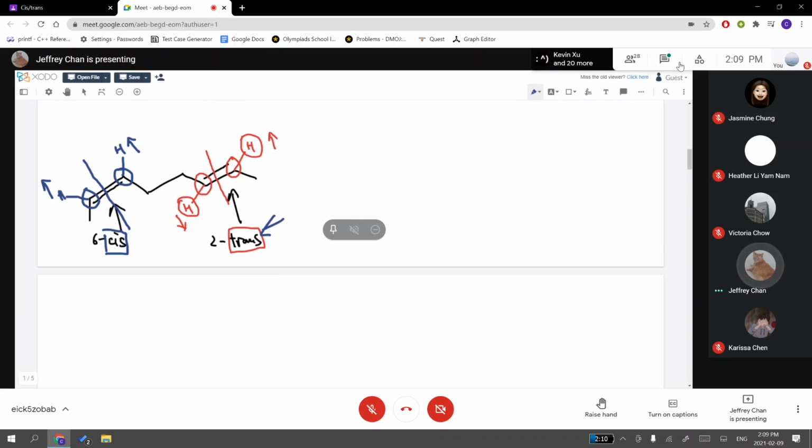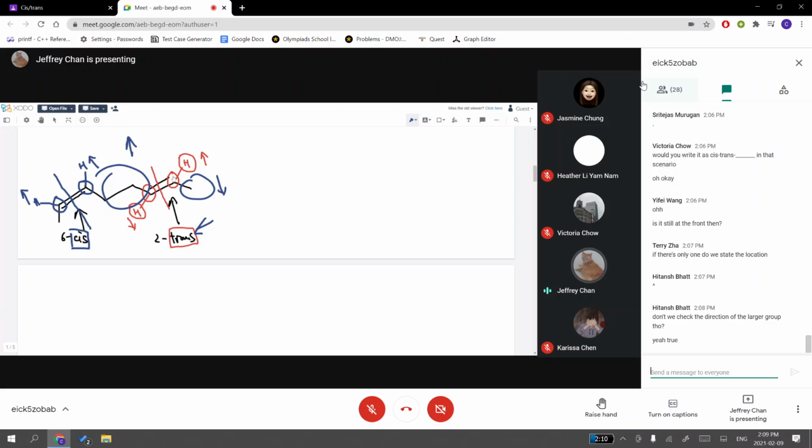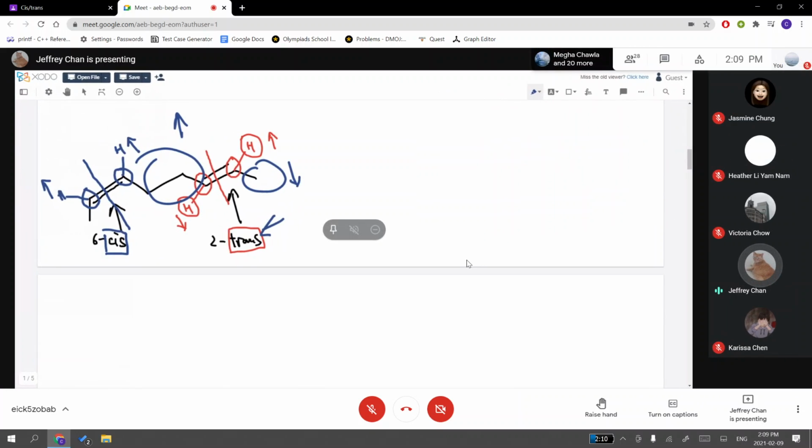So for here, it's still trans. The bigger one is pointing down, and the bigger one is still pointing up. It's still opposite, so it's still a cross. It's up to your preference. Just make sure you're looking at the bigger on both carbons. Here I'm looking at the smaller for both carbons, so I'm keeping it consistent. So yeah, that's how you do cis or trans.